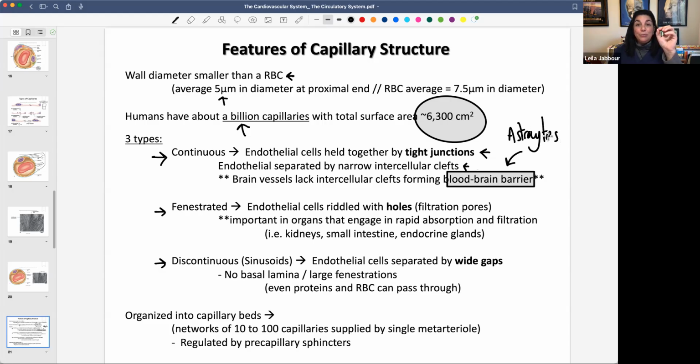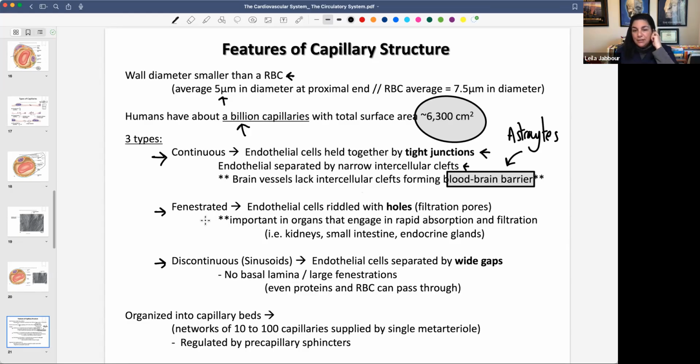These are glial cells in the brain that form perivascular feet around these tiny blood vessels. And basically the astrocytes are hugging these vessels and controlling what's going in and out, if anything. So that's what's called the barrier in the brain between the blood and the brain tissue. The blood-brain barrier is made with the astrocytes around these capillaries.